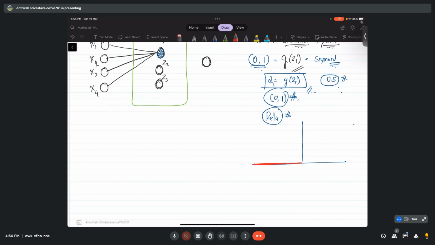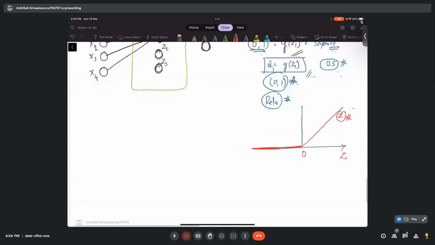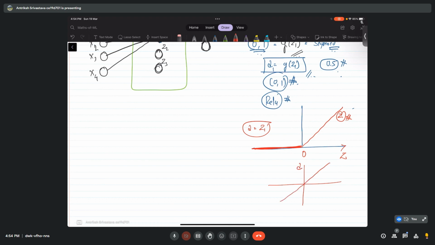If my z is negative, then that function value is 0. If my z is positive, then the function value is z itself. Or if I were to use the identity function, where a is equal to z, that is the meaning of identity function, then we'll have something like this, the relationship between a and z.